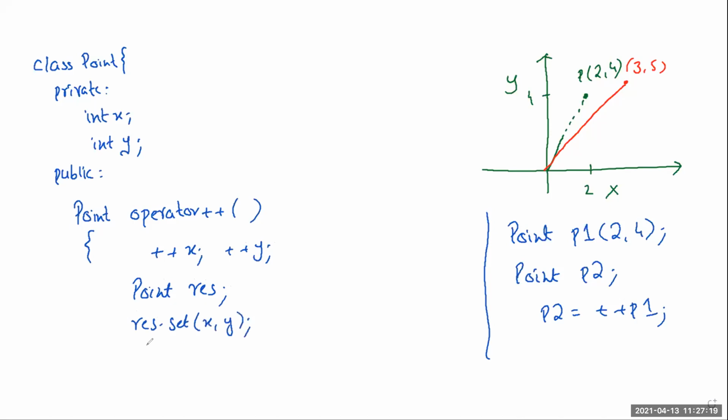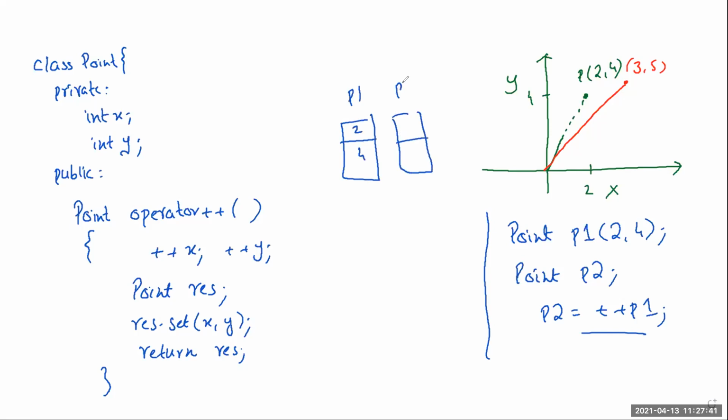xy. Okay, through the constructor you can actually set the values, and then you write return result. Okay, so when I'm at this statement, what actually is happening? Again, this is P1, which is 2, 4. This is P2, which is 0, 0. There is no value, right?